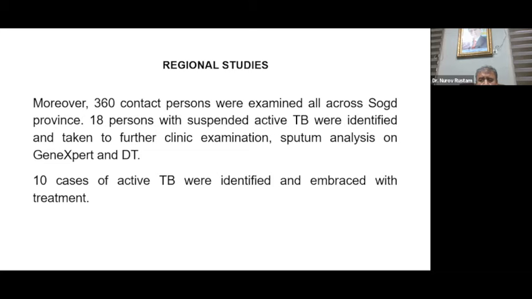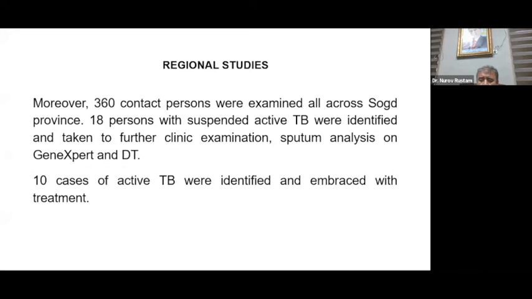As I have already mentioned, we have embraced 3,053 persons with screening of TB, and 146 persons with suspected TB have been identified. All of them underwent further GeneXpert, clinical examination and DST tests, and we managed to identify 45 cases of active TB in total.